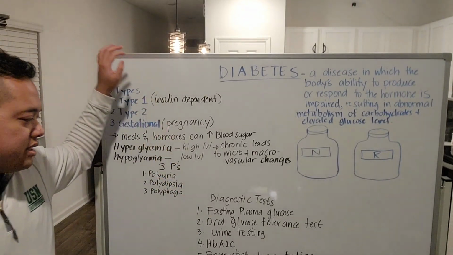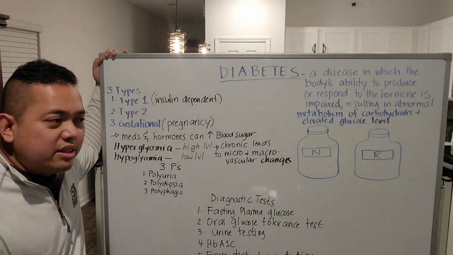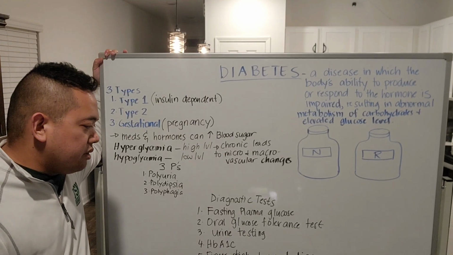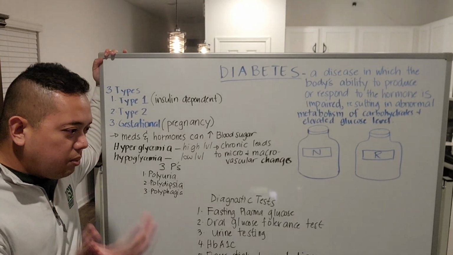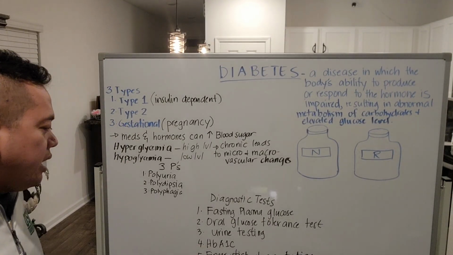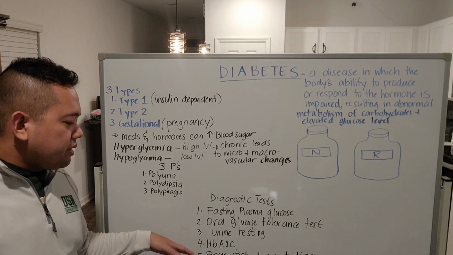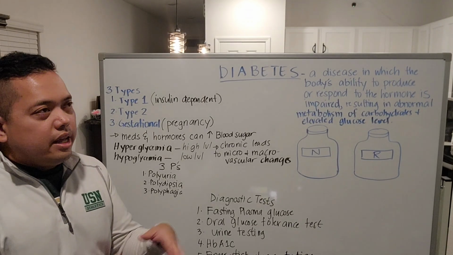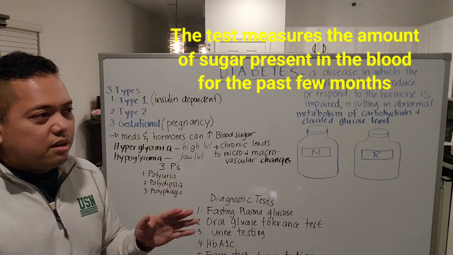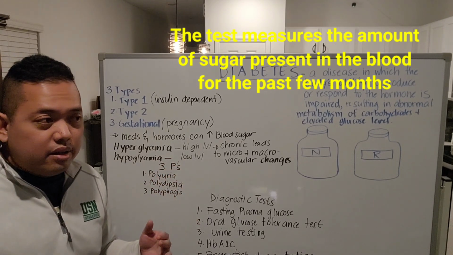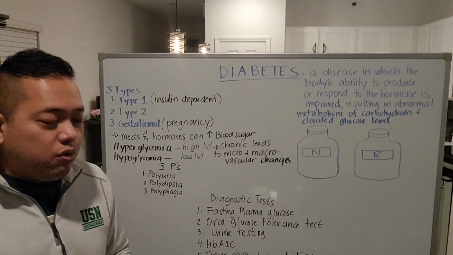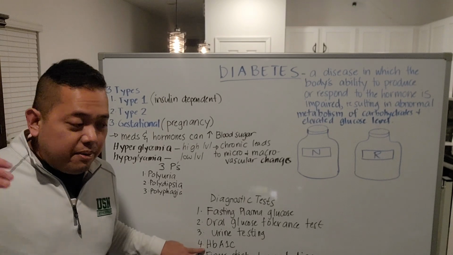Urine testing: you provide your urine sample, and from that they test if your level is normal, pre-diabetic, or diabetic. The next one is HbA1c. It has a scoring system: 5.7 and below is the normal one, 5.7 to 6.4 is pre-diabetic, and above that is the diabetic level.